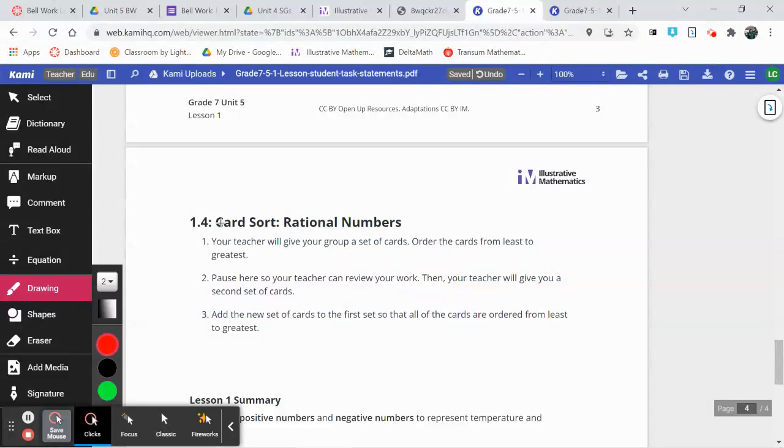We are going to wait and do those when we come back, although there is a possibility that Miss Golden and Miss Ray and Miss Robinson may have a number line activity that they will bring to you on Monday. And if that is the case, then you'll work that and use their directions. If not, you're going to see some of this ordering in the cool down video. And you're also going to see it on the Ed puzzle that you watch tomorrow. And we most definitely will be working on it on Friday.